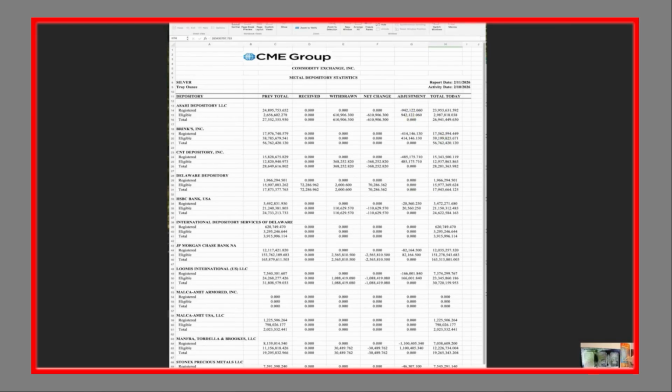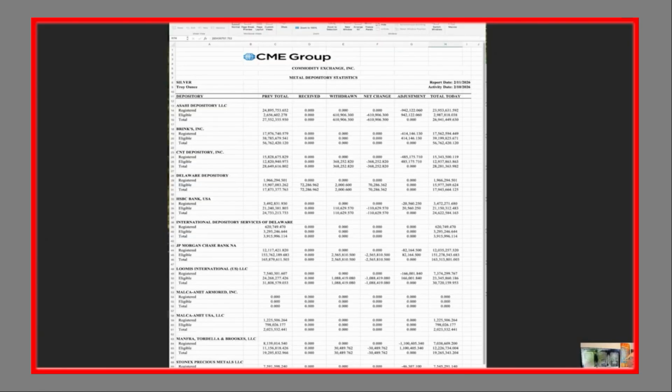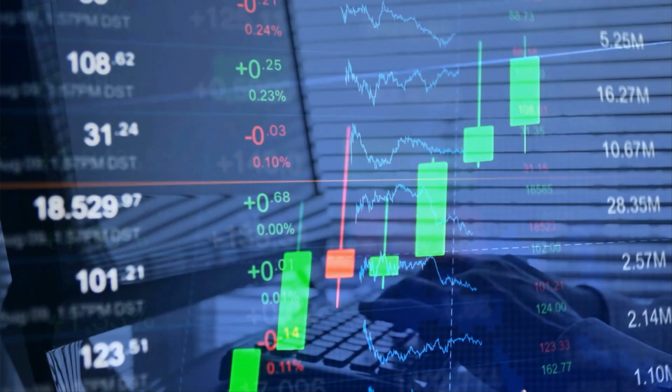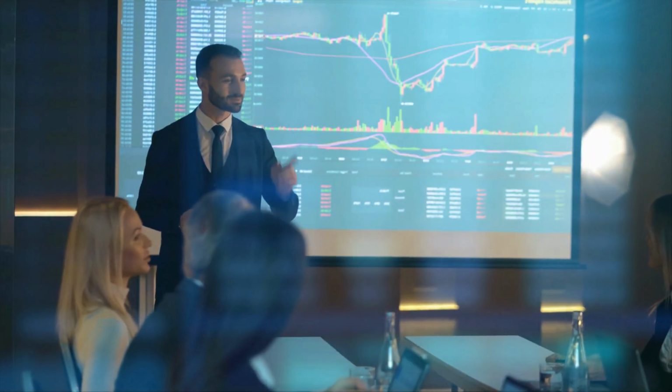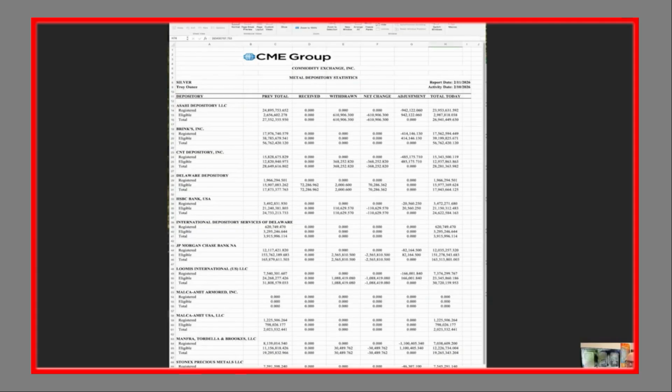What that means is that someone somewhere decided to take 3 million ounces away from being deliverable on a futures contract and put it into eligible, which means that it's sitting there, it could go back again. Now, the reason they might put it in eligible, perhaps the fees are less in the eligible section than they are in the registered section, something like that. But anyway, that's why the registered has dropped below 98 million.